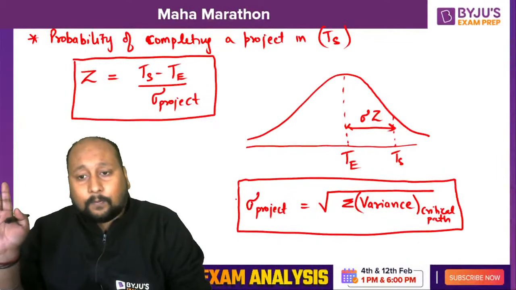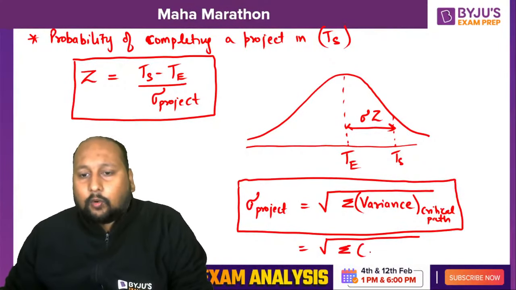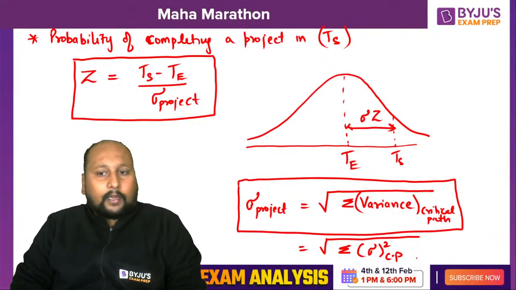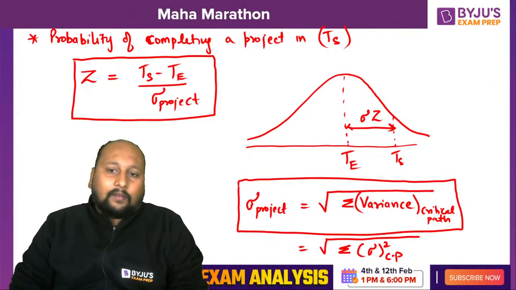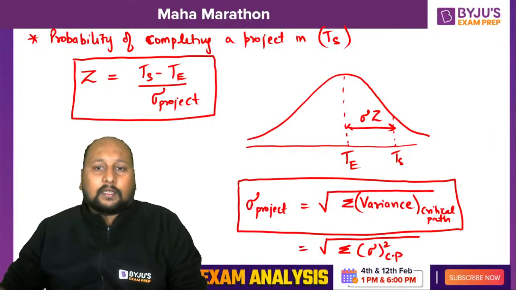Or we can say it is nothing but the under root of the summation of the square of the standard deviation of the critical path. Is this clear? Either we can calculate by using the variance directly. How can we calculate the variance?